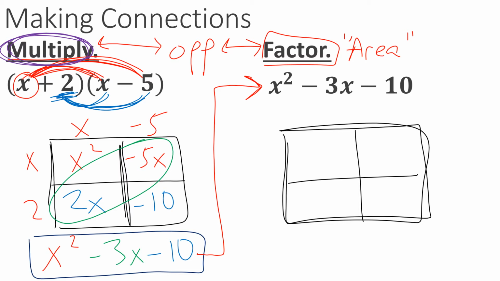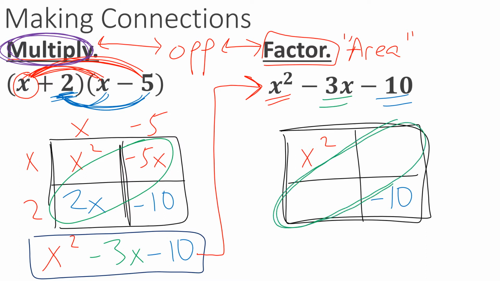So we have the x squared, we have this -10, but then here's the issue. These two spaces are the two spaces that created this -3x.